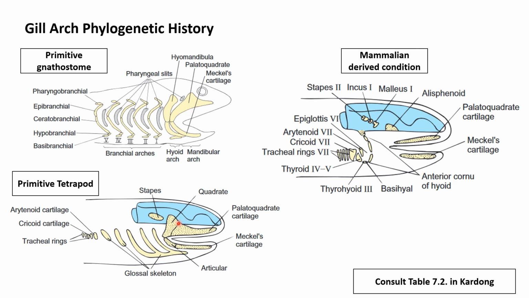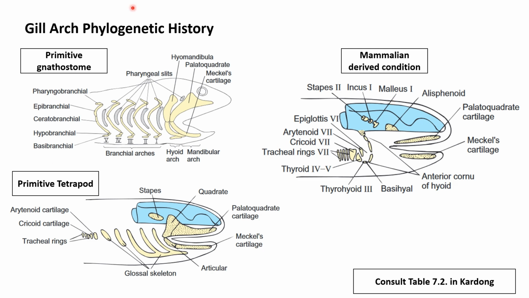And then the Meckel's cartilage, here the lower jaw of primitive gnathostomes, became the articular bone. The quadrate and articular eventually joined the stapes in the middle ear to become the incus and the malleus, respectively.